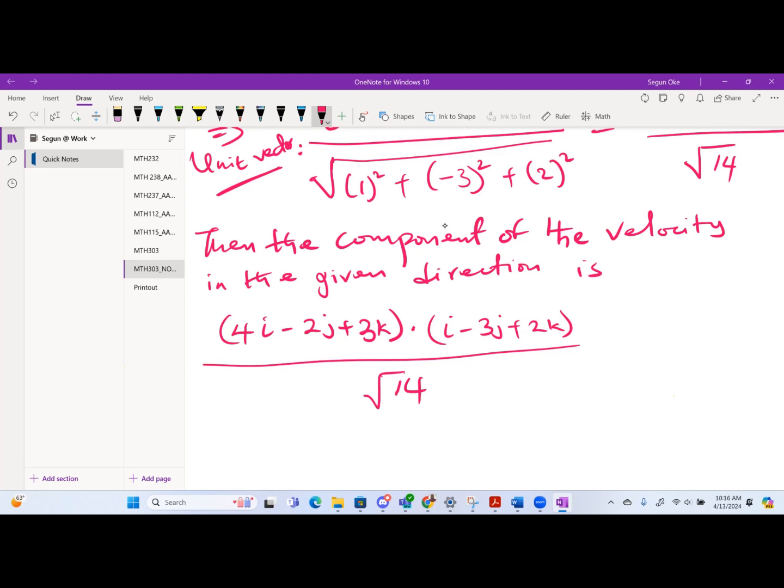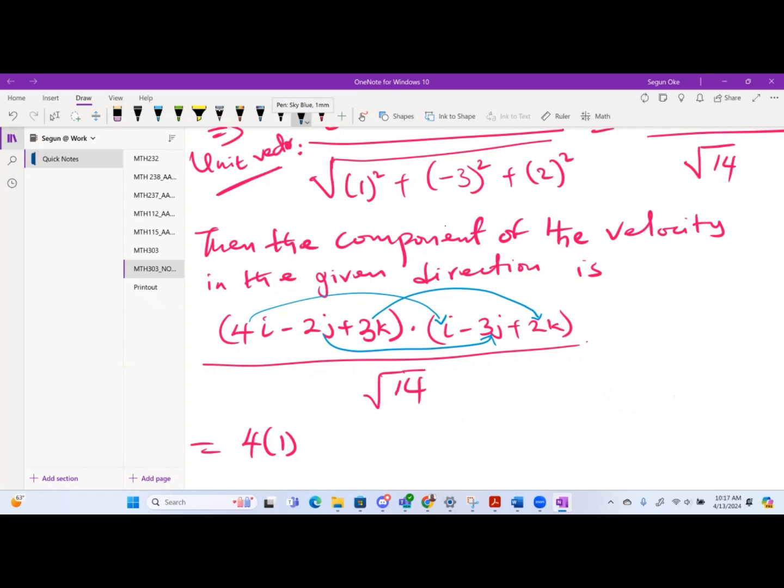So for this one, how do we solve it? It's very simple. That is component by component. 4 multiplied by 1, then this multiplied by this, then this multiplied by this. The next one will be j.